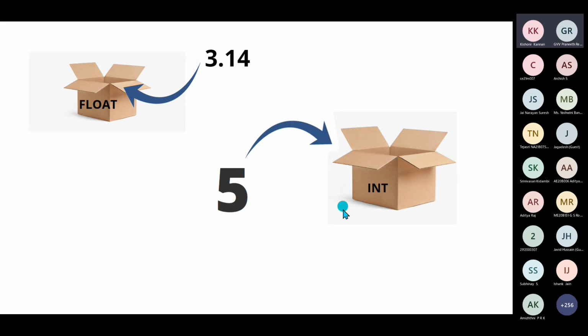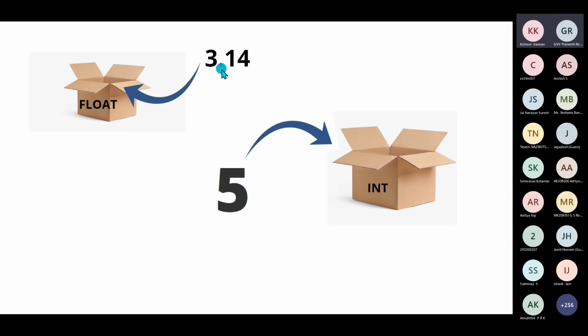So variables store data, and the int label on this box is a data type. Based on the data type, the variable will have different properties.